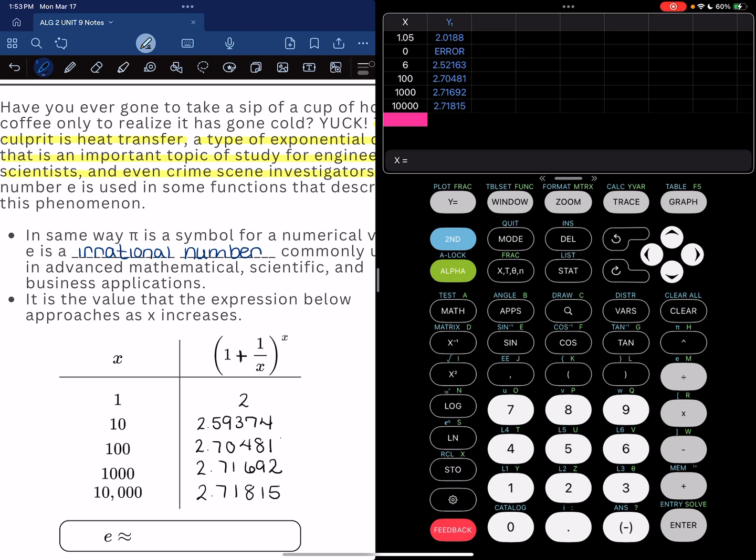And ladies and gentlemen, if we kept going and plugging in even larger values, we would be approaching that value E. And E is approximately 2.71828.